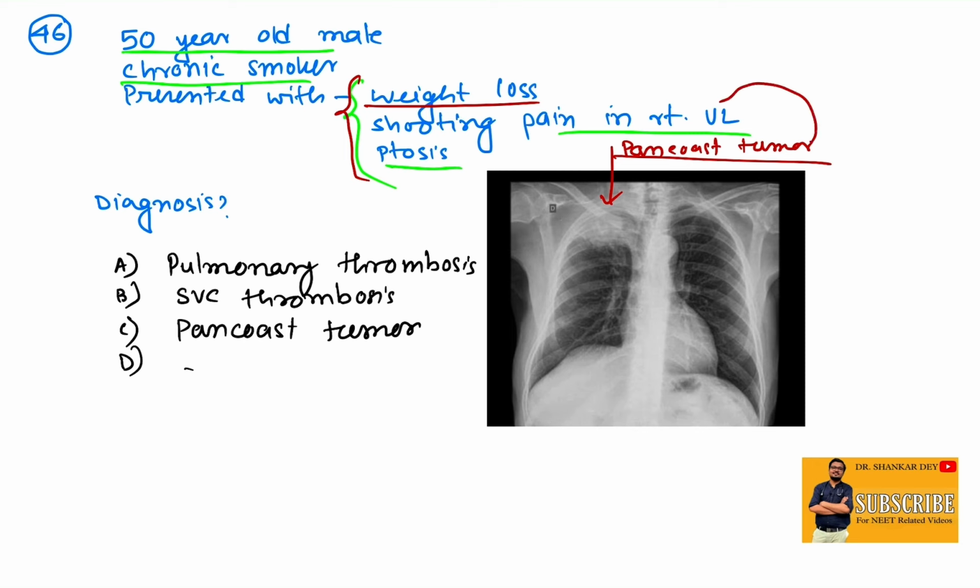The shooting pain in the right upper limb is explained by compression of lower trunk of brachial plexus, and the ptosis is explained by Horner syndrome because of compression of cervical sympathetic ganglion by the Pancoast tumor. So Pancoast tumor explains all the symptoms in this patient. Also the patient is a smoker, more prone to develop cancer. So this is nothing but Pancoast tumor or right superior sulcus tumor of the lung.